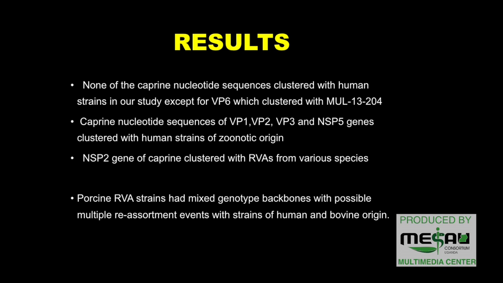The caprine VP1, VP2, VP3, and NSP5 genes clustered with other human strains of zoonotic origin. And NSP2 clustered with very many other species, so we couldn't tell which species, because goats and cows were all similar. We couldn't really distinguish which particular species was most related to it.